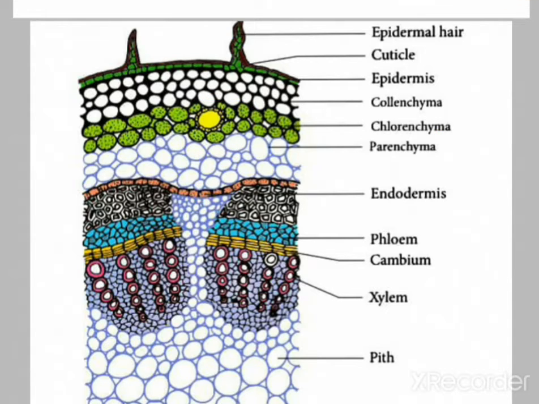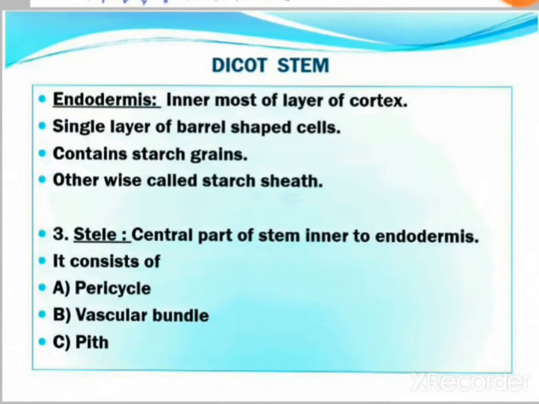Then the inner cortex is made up of parenchyma cells, a few layers of parenchyma which are loosely arranged in a manner. It is involved in gaseous exchange and storage of food materials. Is it clear now?